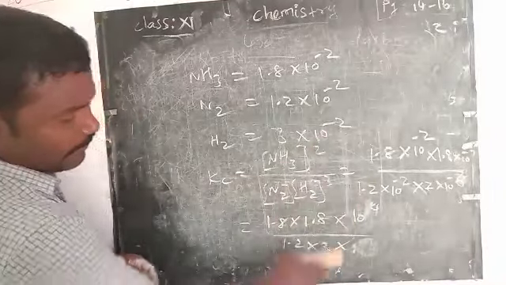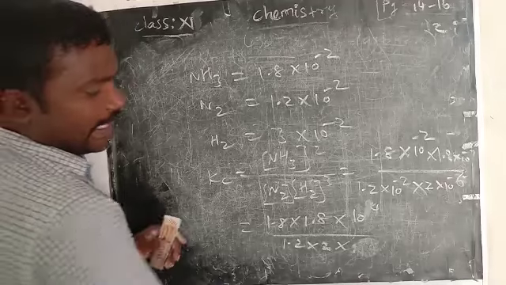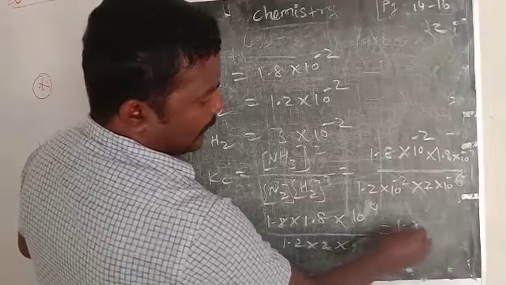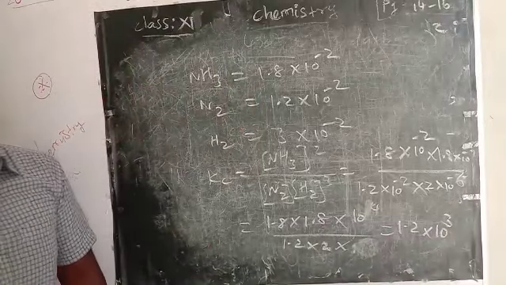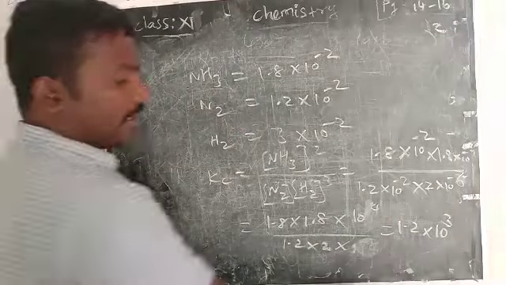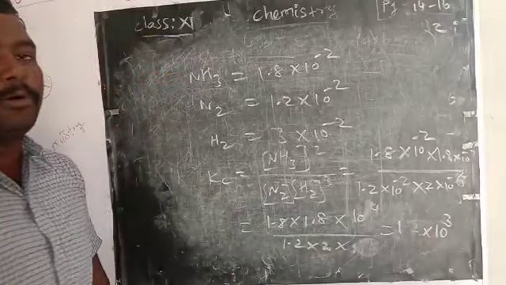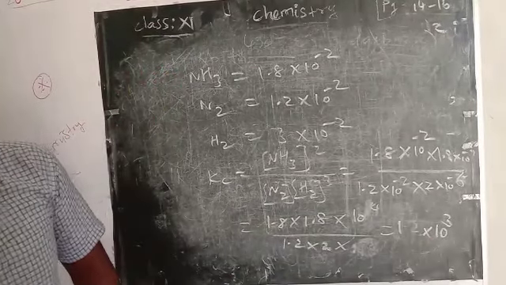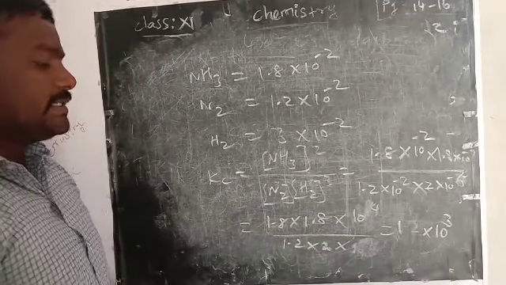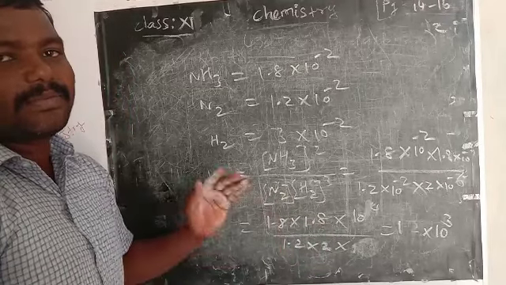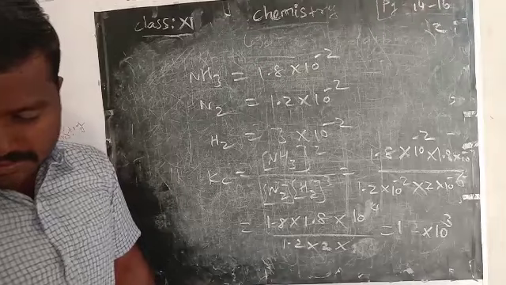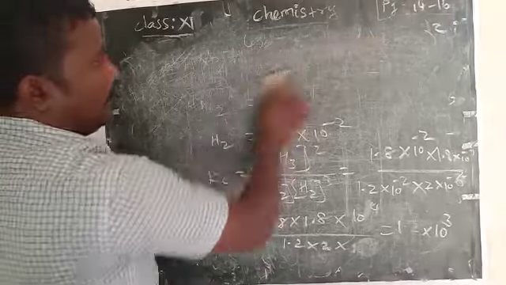So if you simplify all these values, you will get 1.2 into 10 power 3, or simply you can write 1 into 10 power 3. So this is the way you should calculate the Kc term. Sir, how can I divide all those things? By using log tables. Next problem.